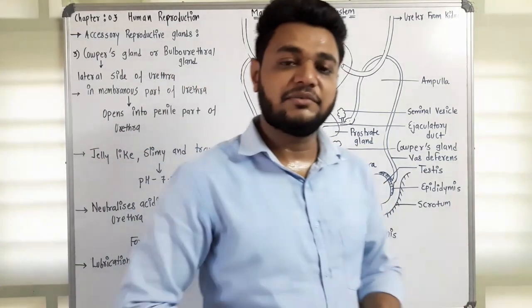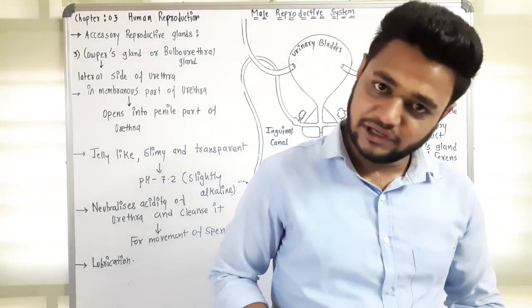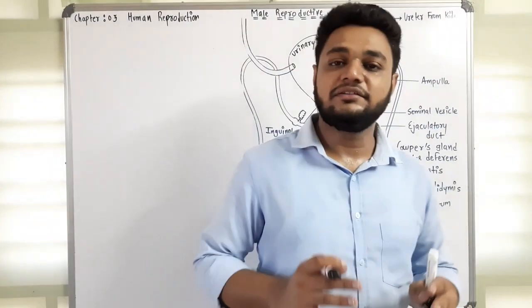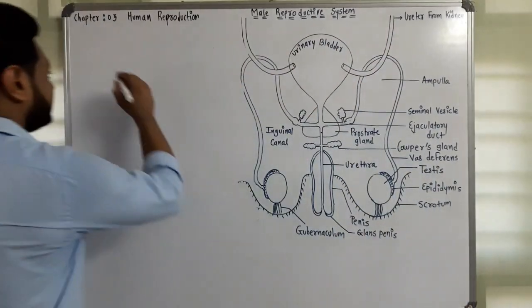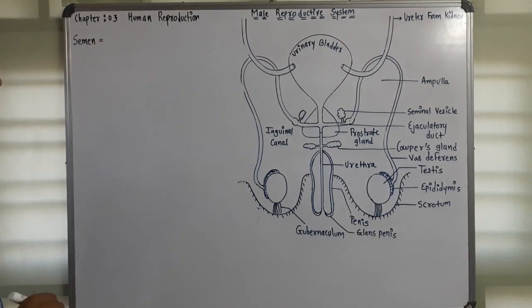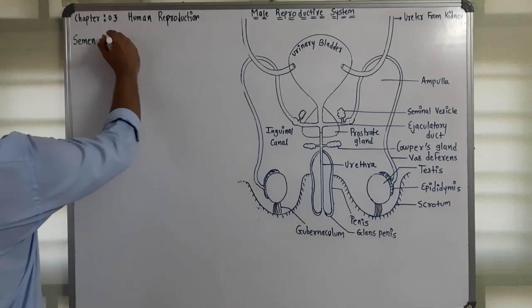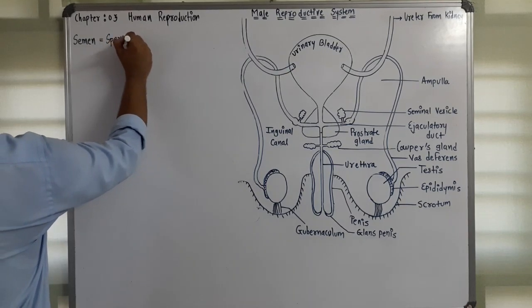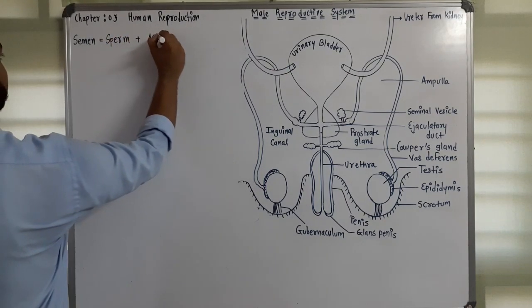Now we will discuss the features of the semen. Okay, the last part is semen. Let us discuss semen. Semen is sperm plus the accessory reproductive gland fluid.